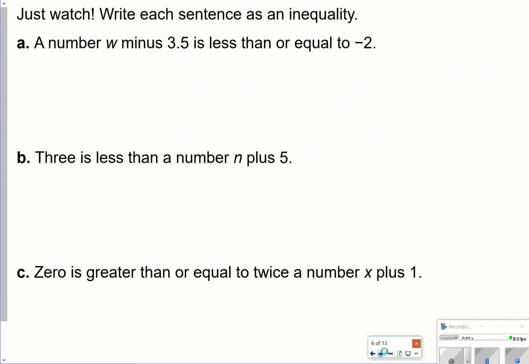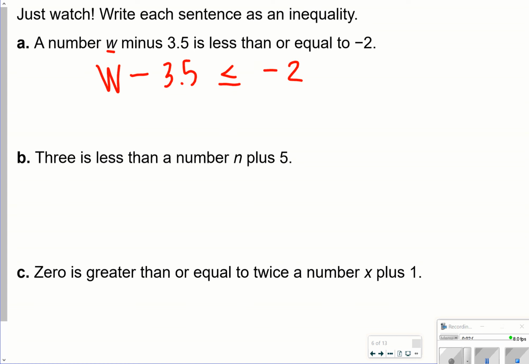Here are a few things that you're also going to see on your homework, how to write inequalities when you're reading sentences. So what you basically do is you break down the sentence and then write the inequality. It says a number w minus means subtraction 3.5 is less than or equal to, and less than or equal to looks like this, negative 2.